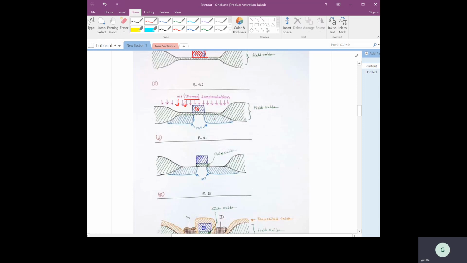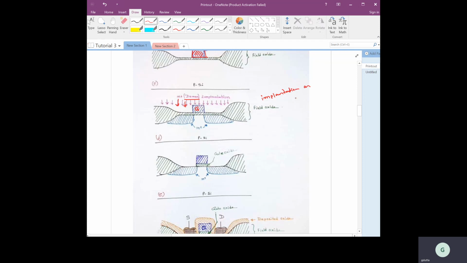Whenever they are bombarded, they will penetrate this thin oxide and form this N plus region. Obviously it is a physical bombardment, so some physical damage will definitely be done to the surface as well as to the crystal. But you know that this implantation or diffusion is always followed by some annealing or drive-in process, right?